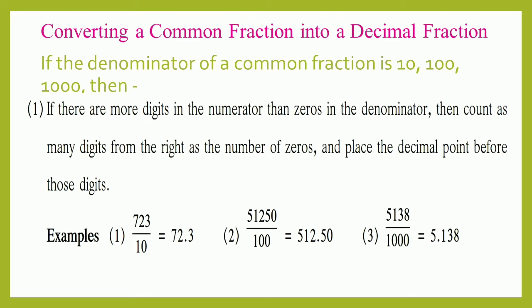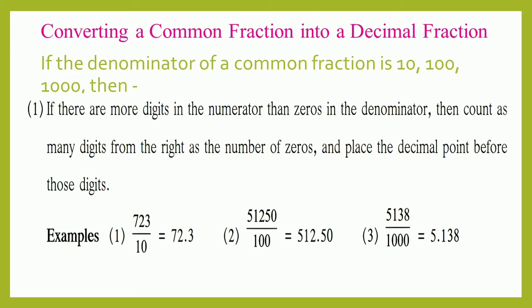So in this case count as many digits from the right as the number of zeros and place the decimal point before those digits.